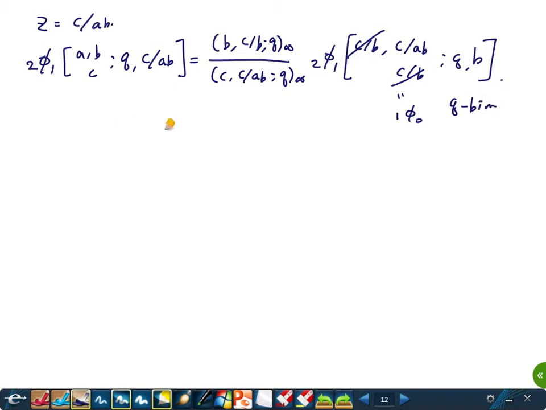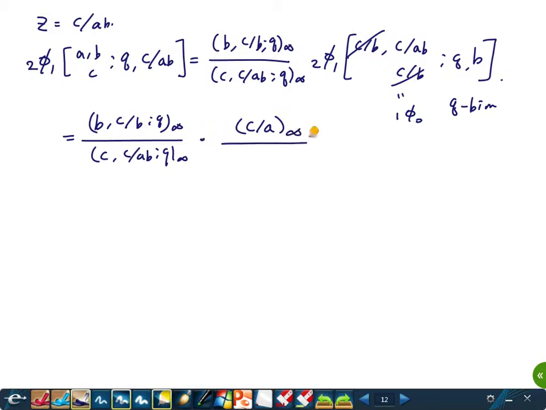If you apply the Q binomial theorem, then you get (C over B; Q)infinity, (C over AB; Q)infinity. We have one thing here, so it's going to be this times this. So C over A infinity and then B infinity.